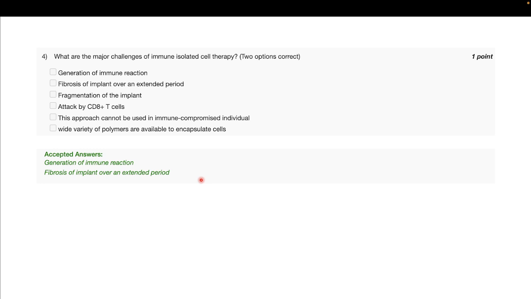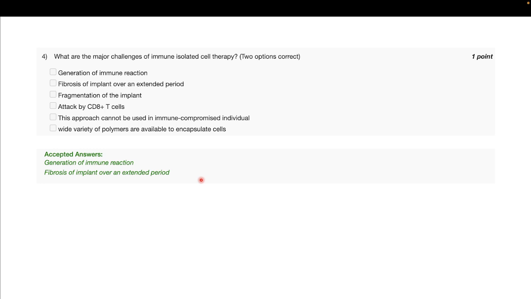So this could happen because now your immune system is not able to get rid of this particular implant because it's very big in size, and your immune cells are not able to contact the implant properly because of your polymer membrane. So in that case, your immune system will then completely wall off this implant from the body.